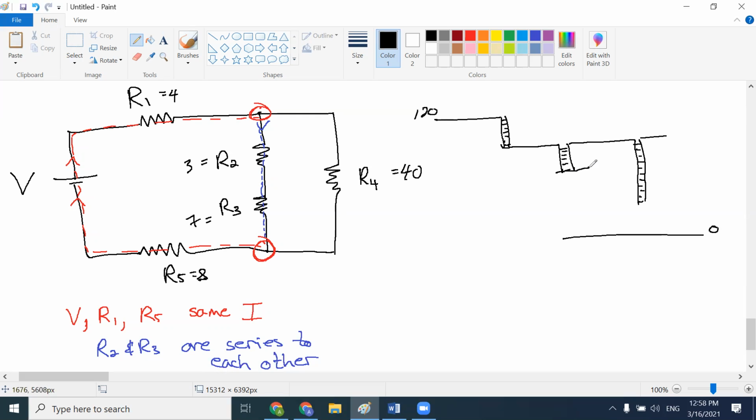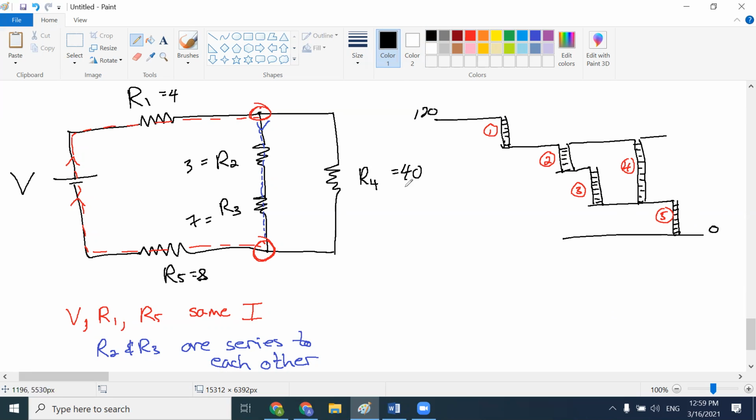Now, if I choose to go to 2, I don't have a choice. I'm going to 3. Regardless, though, everyone's going down 5. 1, 2, 3, 4, 5. The act of going through R2 forces you to go through R3.